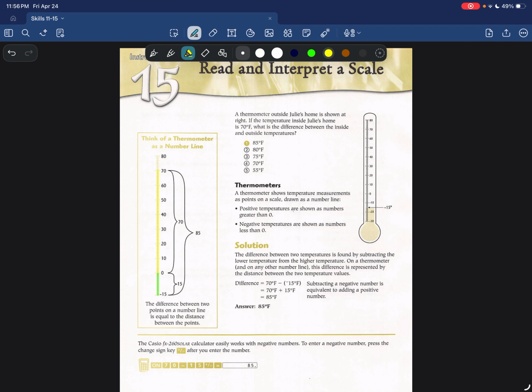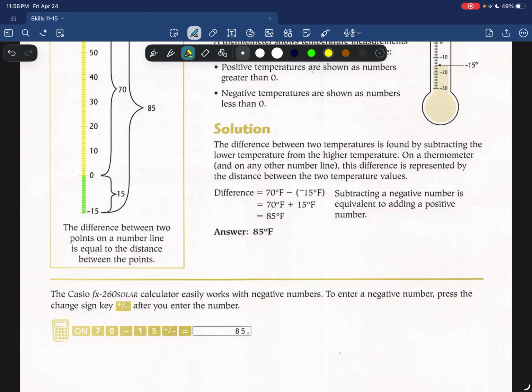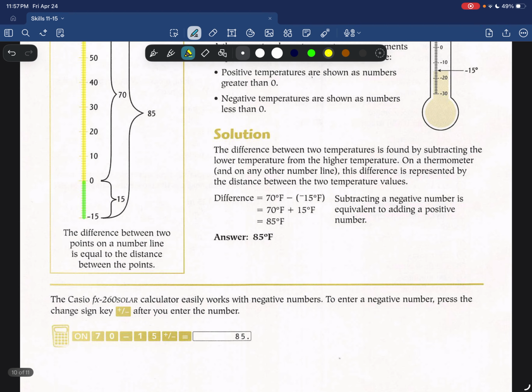The Casio calculator easily works with negative numbers. And here's how you would type in that problem: 70 minus 15 negative equals 85. You use the plus minus key to use negative numbers.